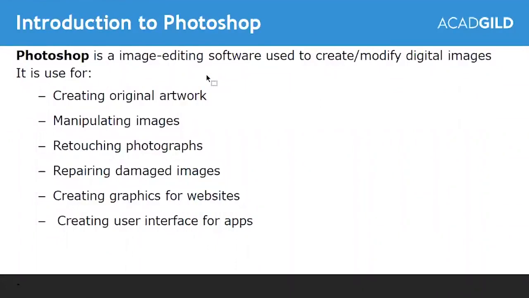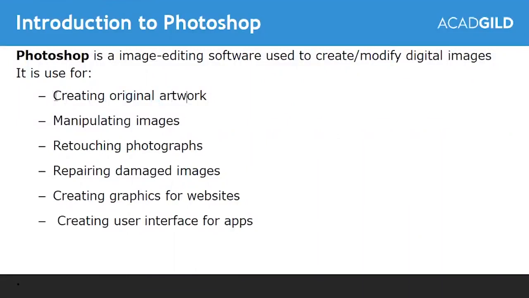First let's discuss Photoshop. Photoshop is an image editing software used to create and modify digital images. This is the best definition of Photoshop. We use Photoshop for creating original artwork, manipulating images, retouching, repairing damaged images, creating graphics for websites, and creating user interfaces for apps.